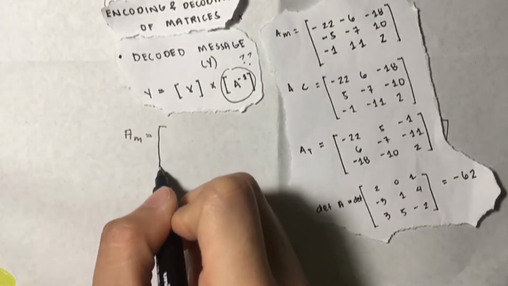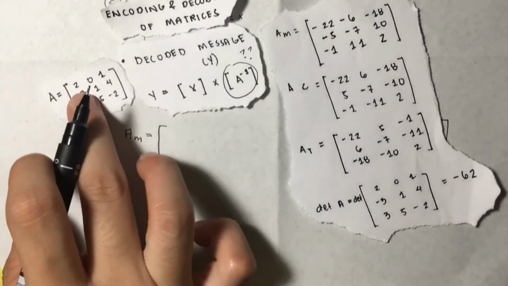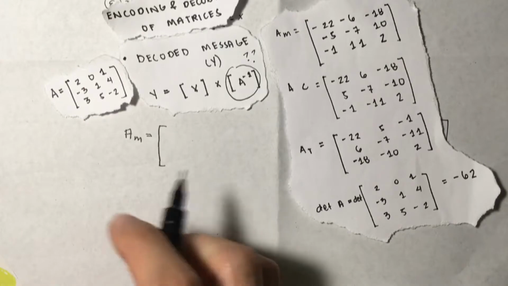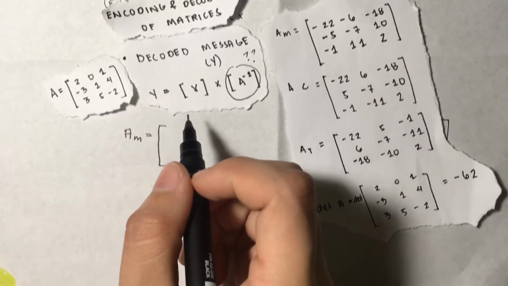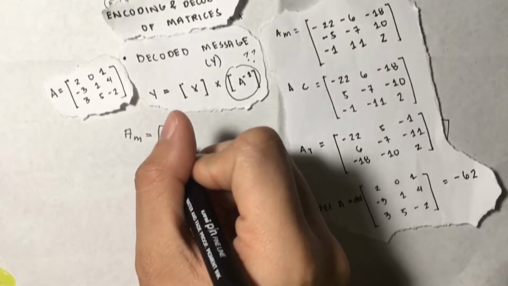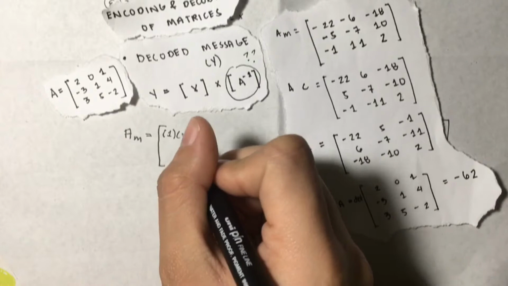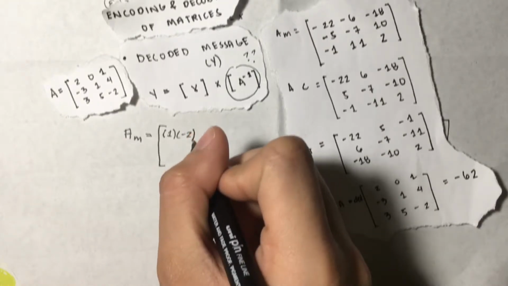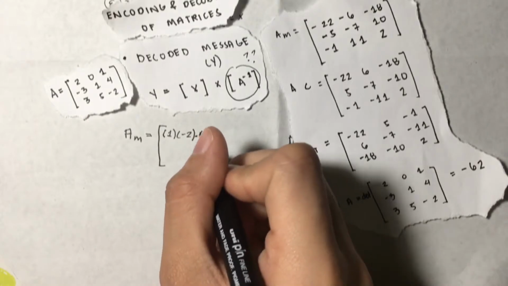So here's how to get the minor of the encoding matrix. Let's get back to the given. Here we will get the first point, which is from the number 2. We'll cancel the row and the column which it belongs to. Then for the remaining 4 numbers, we'll get the determinant, and that will be the first point.